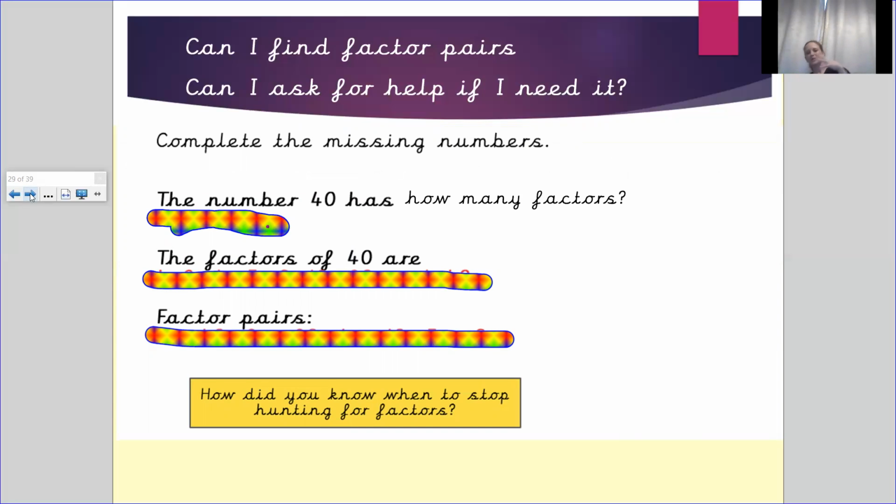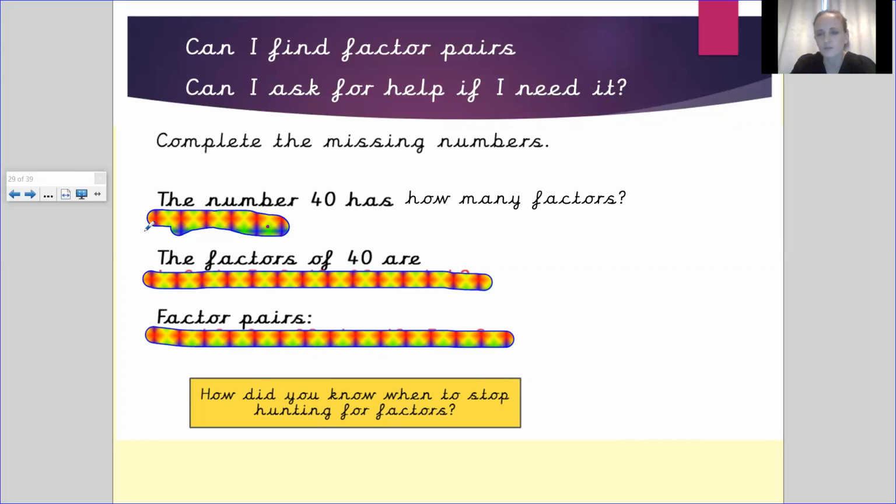So again, we're going to be looking at factors. The number 40, I want you to think for a second. We've got the number 40, and what are the factors of 40? So pause the video now and think to yourself, what factors of 40 can I have? And how many factors are there in total?